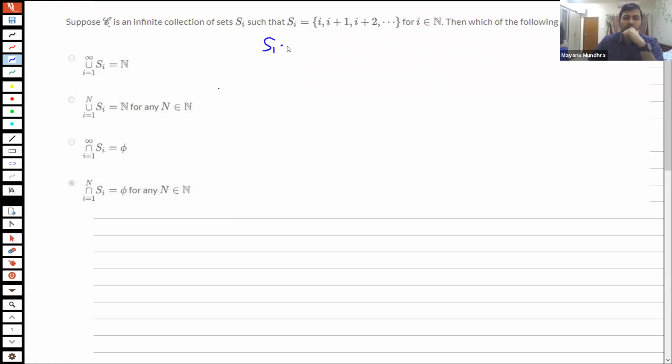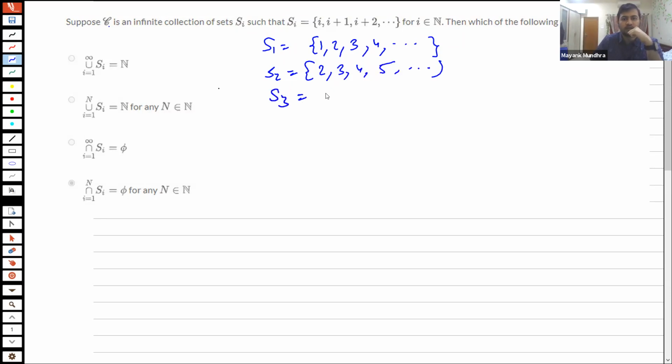So S1 would be the set 1, 2, 3, 4, and so on. S2 would be the set 2, 3, 4, 5, and so on. S3 would be the set 3, 4, 5, and so on. So that's how these sets have been generated.